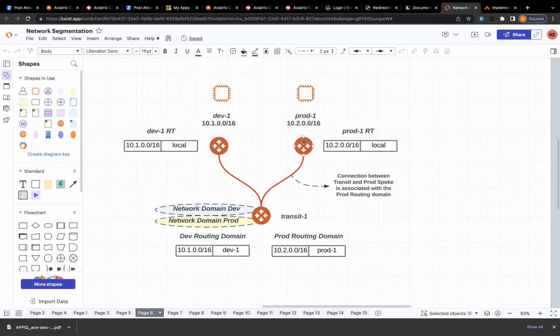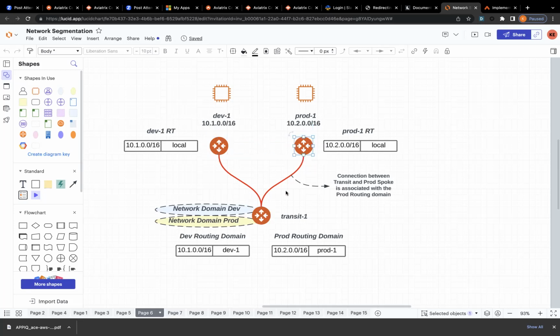But instead of allowing the spoke to see all of the routes, you basically create routing tables or VRFs on the transit. So we create a network domain or a VRF called dev and a network domain or VRF called prod. And then what we do is we associate the spokes, after they attach, into their relevant routing table.